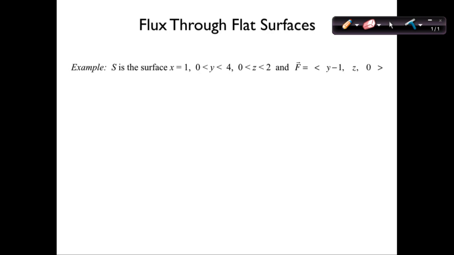Right, before, all the vectors of the vector field were exactly the same, right? There was just that 3 centimeters per second to the right. Now, as soon as you move around on the surface, your vector in the field changes.